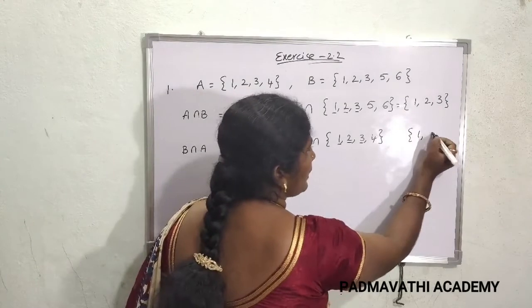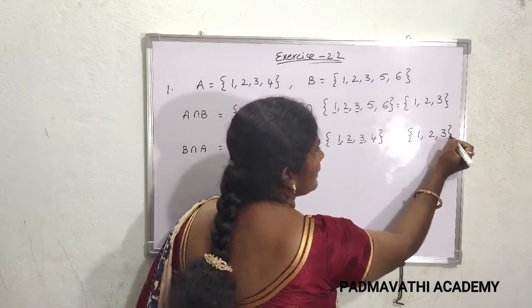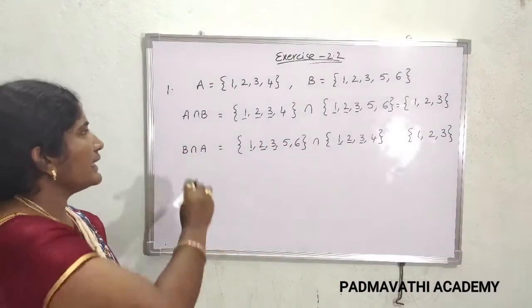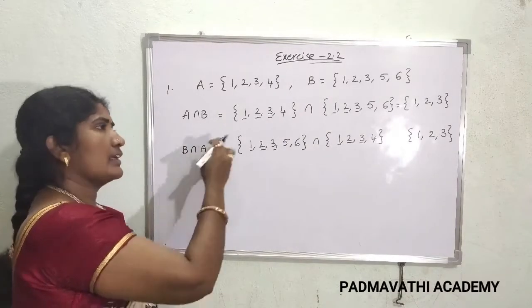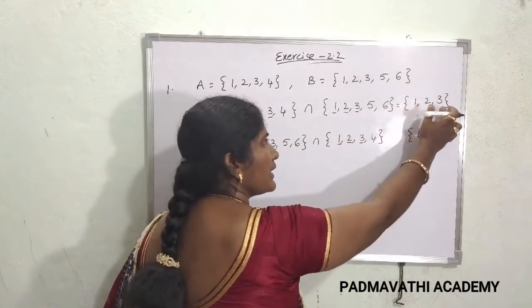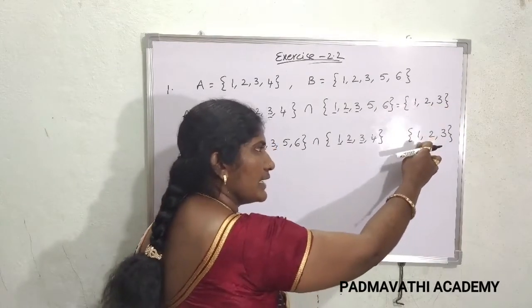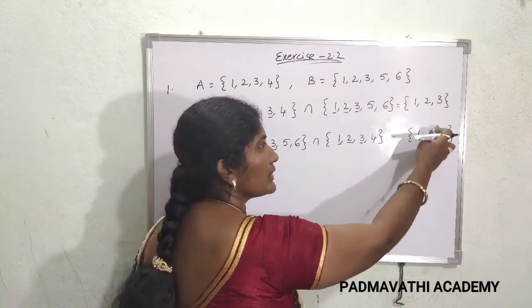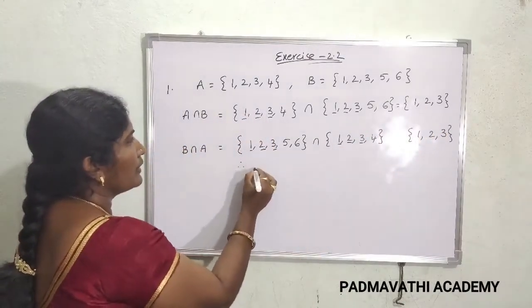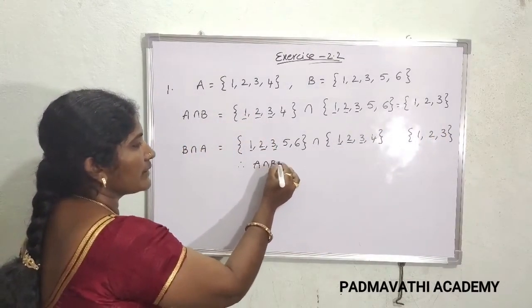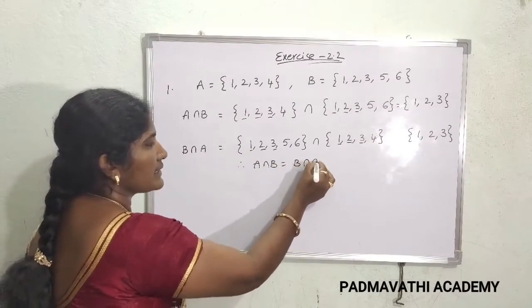Once again list out 1, 2, 3. In the question they asked whether A intersection B and B intersection A are equal sets or not. Clearly here A intersection B contains 1, 2, 3. B intersection A also contains 1, 2, 3. Same number of elements and same elements. Therefore A intersection B is equal to B intersection A.